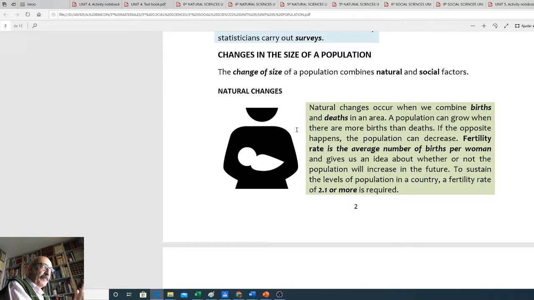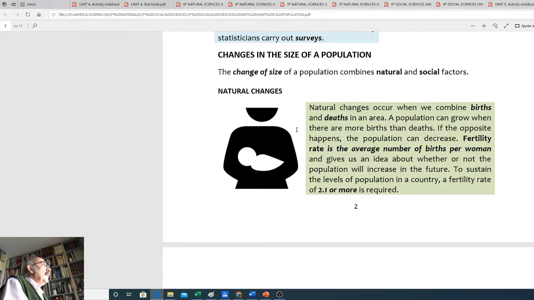So, what are the natural changes? Very easy. That has to do with the number of births and the number of deaths. If the number of births is higher than the number of deaths, this population is increasing, is growing. If the opposite is true, this population is decreasing.